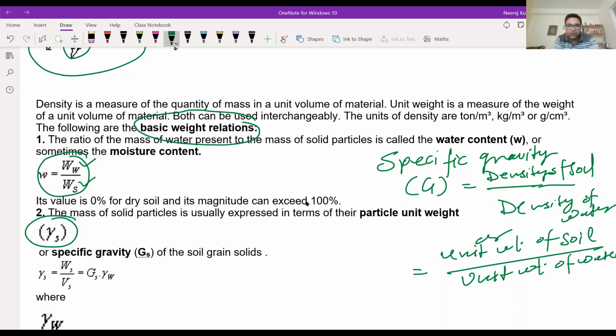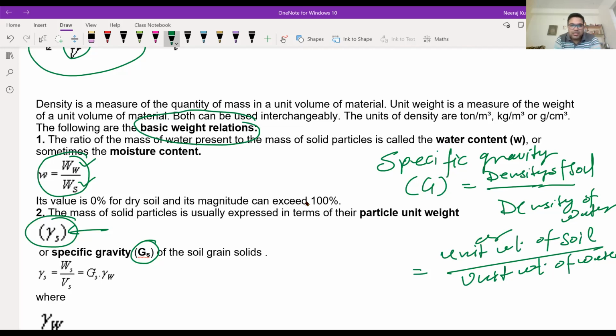So unit weight of soil, we can express as gamma S. If we want to find out the unit weight of solid in the soil, we can express that with the specific gravity also.